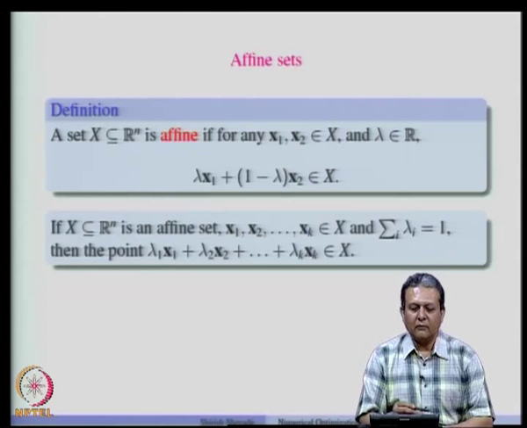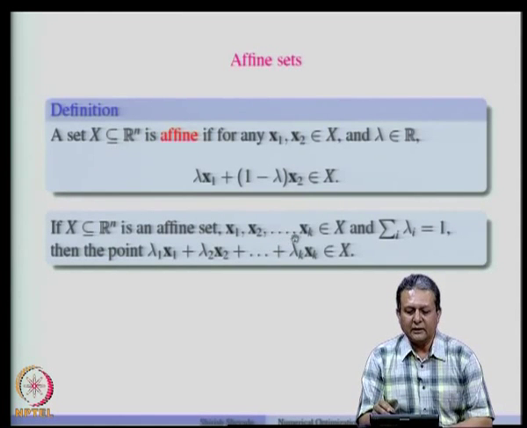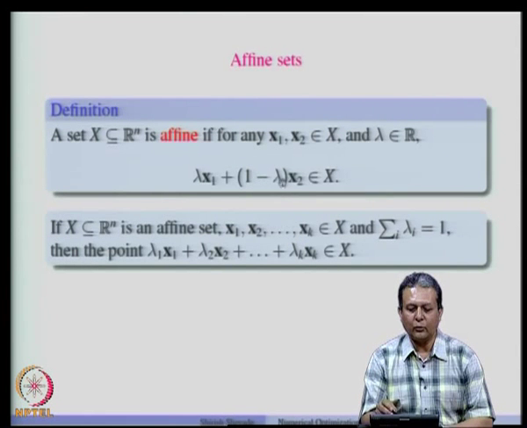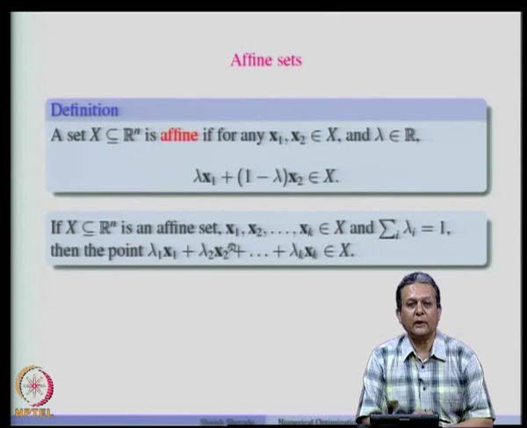Now, this definition can be generalized to a set of k points. Earlier we took only 2 points x1 and x2. Suppose we take k points x1, x2 up to xk, which are part of the set X, and we choose lambda i's.